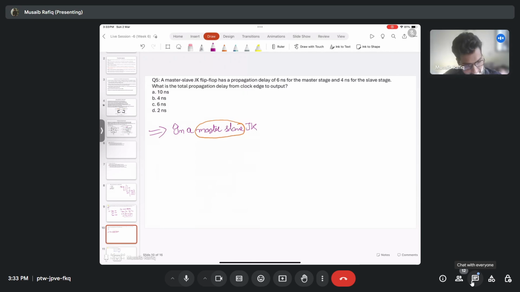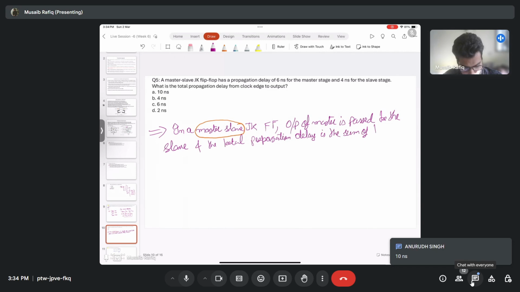So in a master slave JK flip flop, the output of the master is passed to the slave, right? And that implies the total propagation delay is the sum of both stages, right?